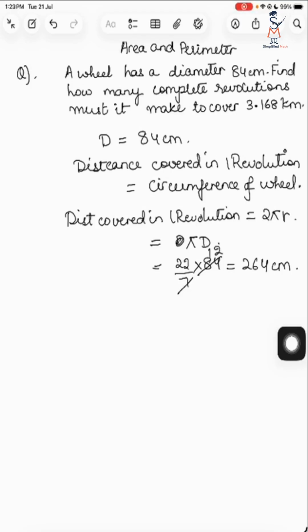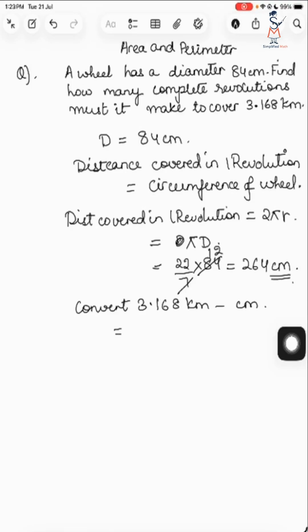Now we have to find how many revolutions it will make to cover a distance of 3.168 kilometer. So we will convert 3.168 kilometer to centimeter, because the distance covered in one revolution is in centimeter.